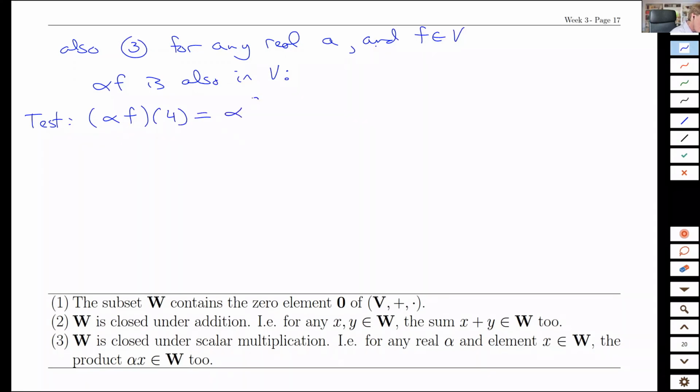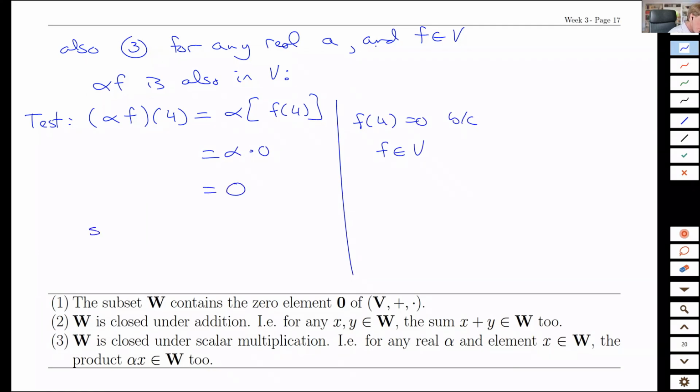It's going to equal alpha times f of 4. Now what's f of 4 equal to? f of 4 equals 0 because f came from this set V. So we get alpha times 0, and that's just 0. So alpha f is another element of V as well. So V is closed under addition and closed under scalar multiplication.